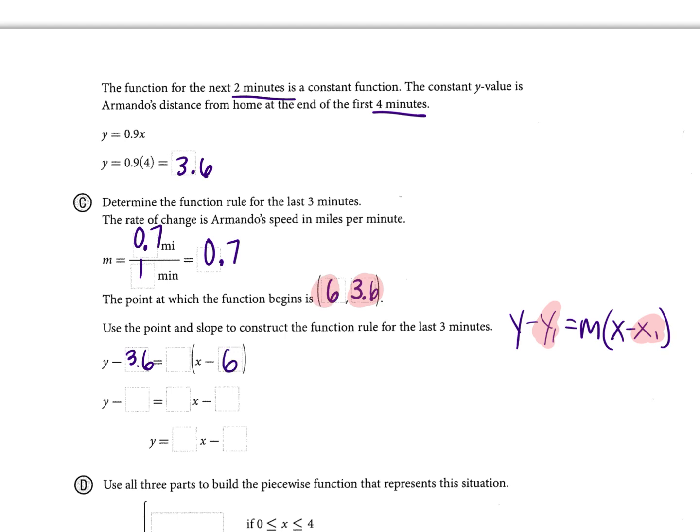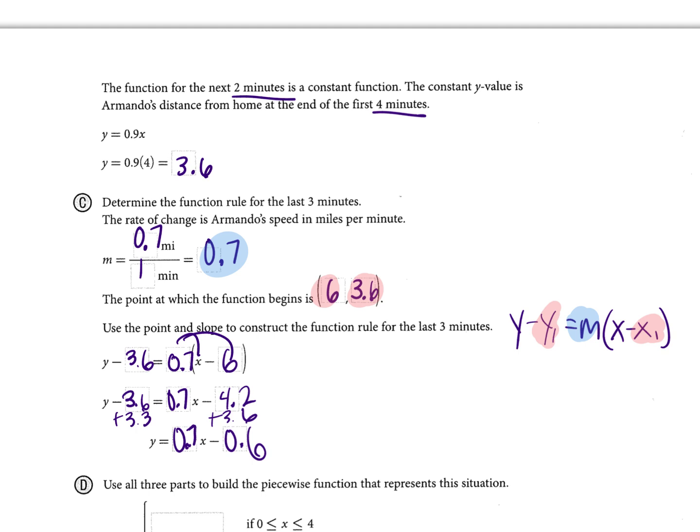The slope was 0.7. Now we have to distribute 0.7 times x and 0.7 times 6. Then we're going to add 3.6 to both sides to turn it into slope-intercept form.